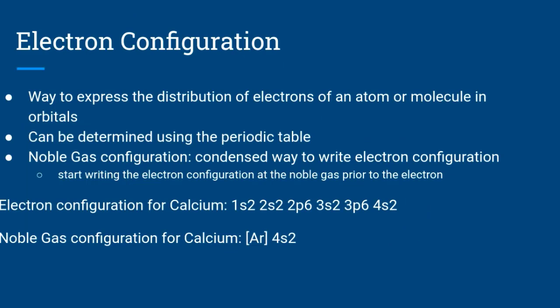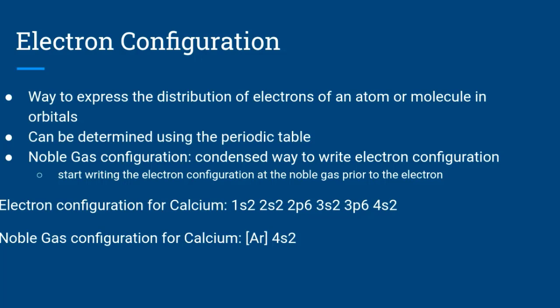All right, so electron configuration is basically just a way for you to express where electrons are in an atom or molecule. It can be determined using the periodic table. You can also use the noble gas configuration as a condensed way to write your electron configuration.